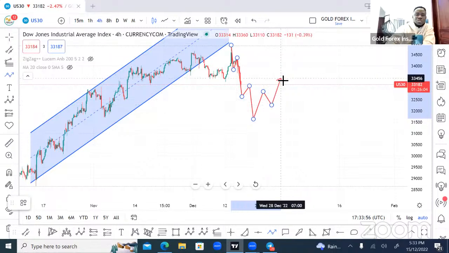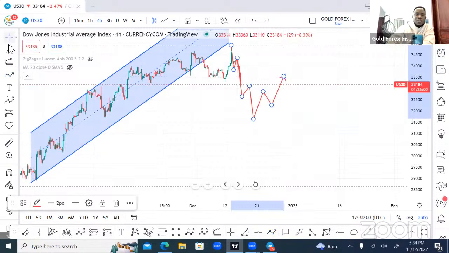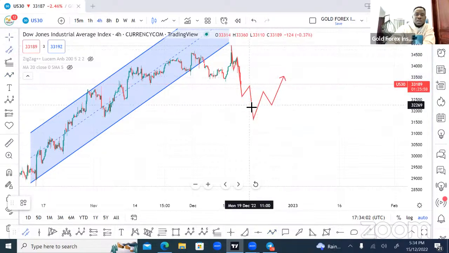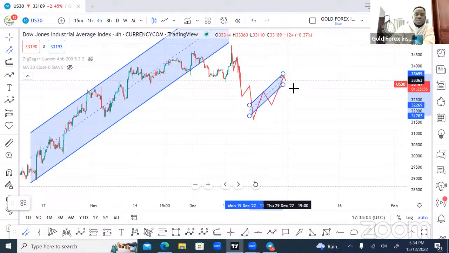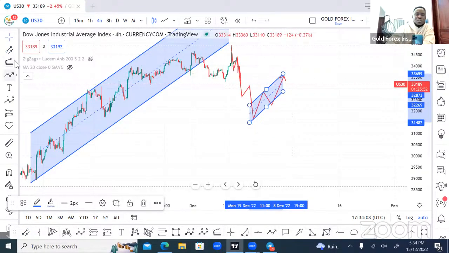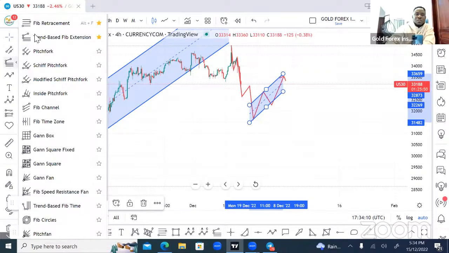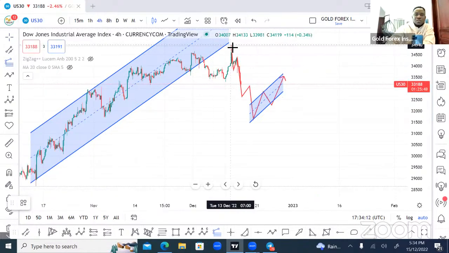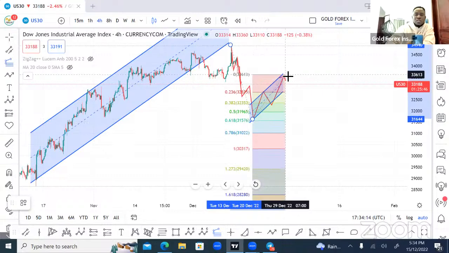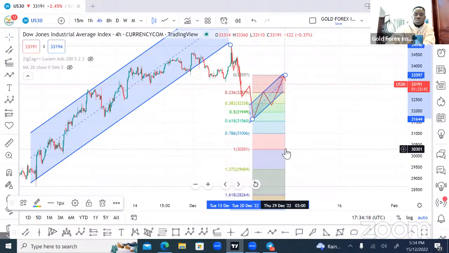This is where you should join. Once you have this, you are going to have something like this. A break of this, you only target the 1.0 Fibonacci extension, which is this, then you target here.